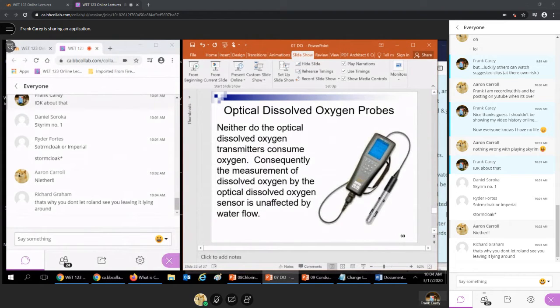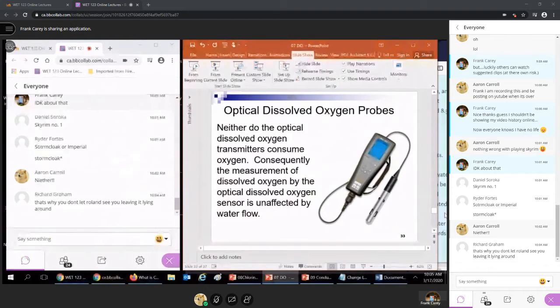Okay, so as mentioned, LDOs do not consume oxygen, so they do not affect the amount of oxygen in the solution. Also, LDOs work without flow. The membrane type sensors, the galvanic and the polarographic, need flow around them because they use up the oxygen.